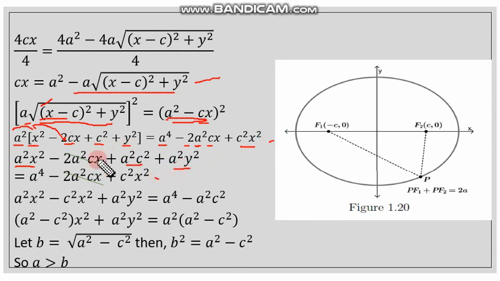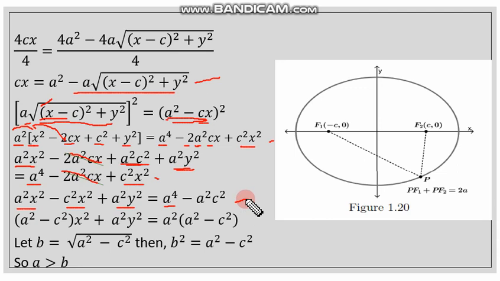So let's combine the same terms. The same ones here are negative 2a squared cx on both sides. If you transpose that, it becomes positive, so negative 2a squared cx plus 2a squared cx is 0. So let's solve this one. Leaving a squared x squared, then transpose c squared x squared, so negative c squared x squared, and then a squared y squared equals a raised to the fourth, and then transpose this one, so negative a squared c squared.